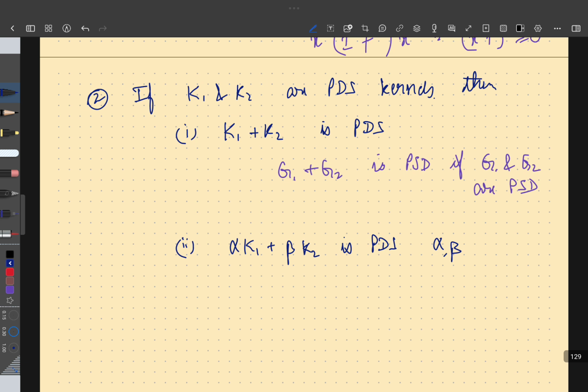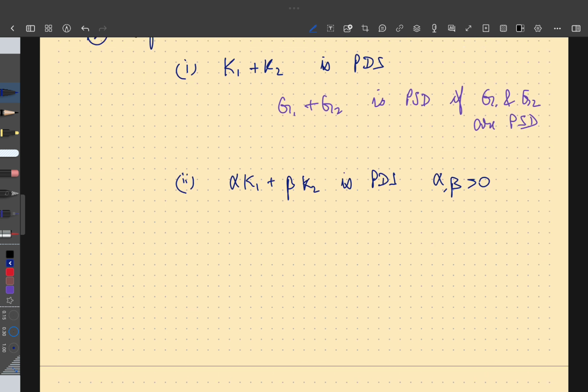Positive. Again, all of this is inherited from the properties of PSD matrices. In fact, they just have to be greater than or equal to 0, and it is guaranteed to still be PDS.